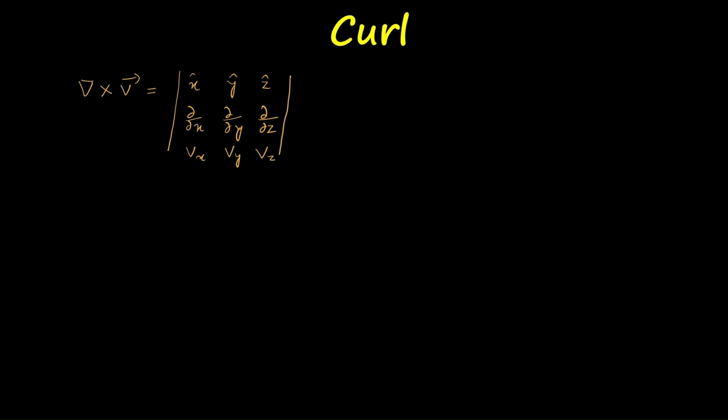Now let us try to understand the physical interpretation of the curl of a vector. To understand this, let us take two examples. One is, let's say there is a current carrying wire and the current flows in the upward direction. And if we want to find the magnetic field generated by the current flowing in that wire, we can use the right hand thumb rule, and the magnetic field will look something like this.